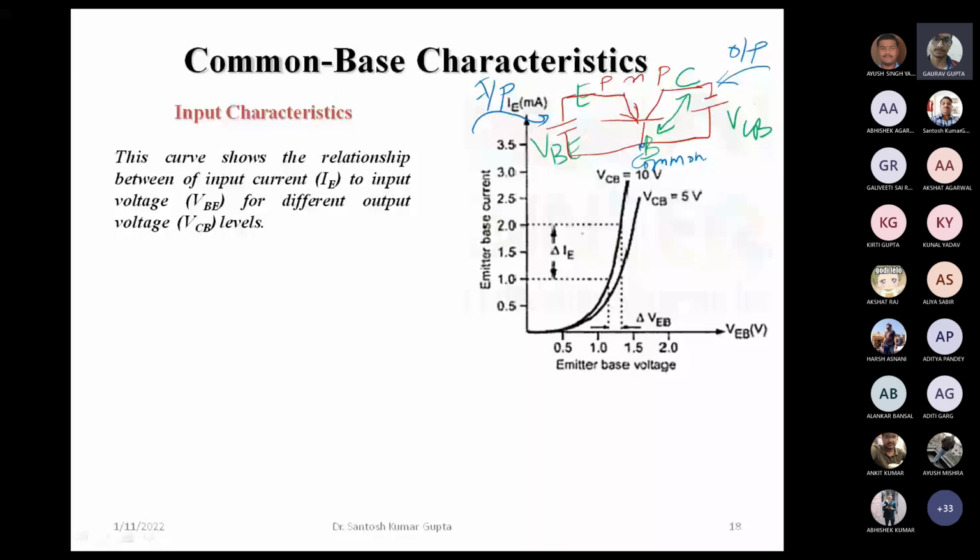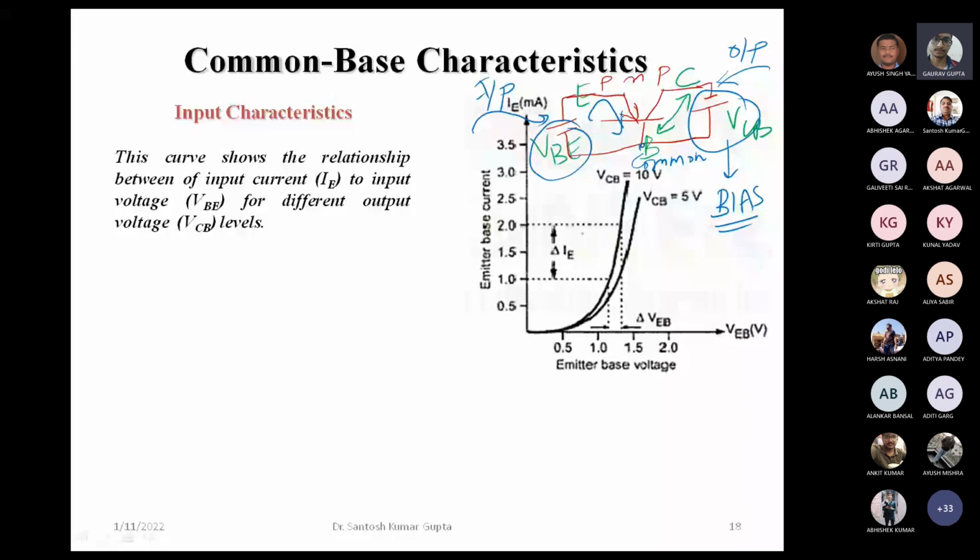Actually, these potentials are just applied here only for biasing purpose. Depending on the biasing voltages, we will have the currents IE, IC and IB, all these currents we can see.